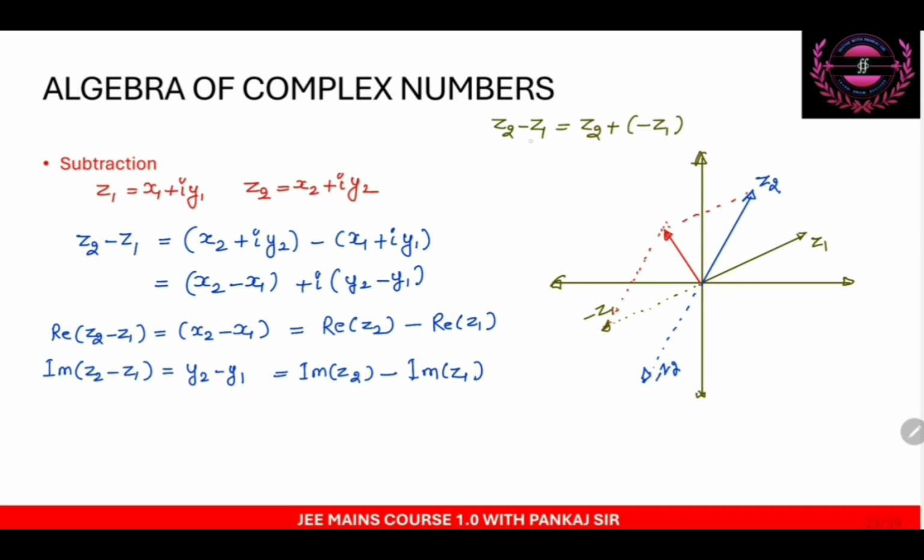So z2 minus z1 is nothing but the resultant vector of z2 and minus z1. The line represented by the red color is z2 minus z1. This line will be z1 minus z2. This is the real axis and this is imaginary.